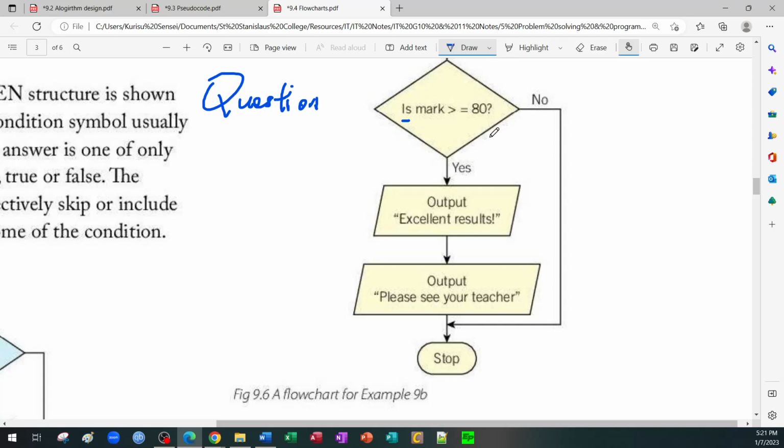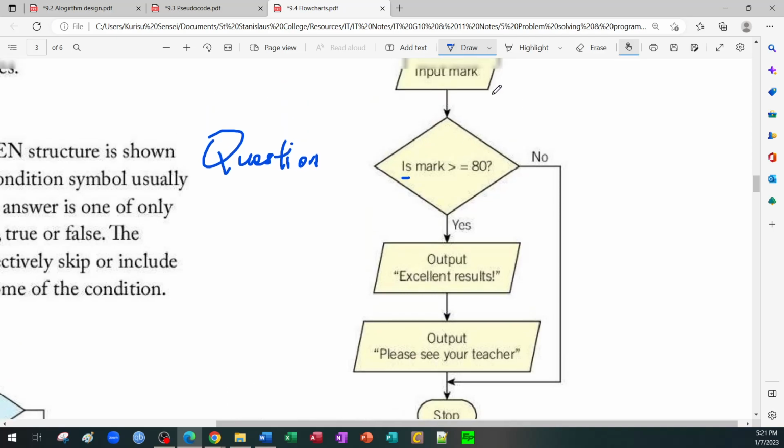So you're basically asking, is Mark greater than or equal to 80? Decisions are always basically a question. So you ask it in a question format. Is mark greater than or equal to 80? And the answer to that question, remember, is always going to be one of two answers.